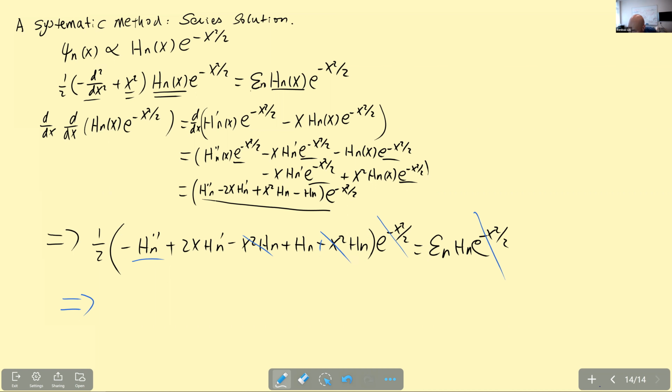That will be h m second order derivative minus 2x h m first order derivative, plus 2 epsilon m minus 1 times h m, and this equals 0.